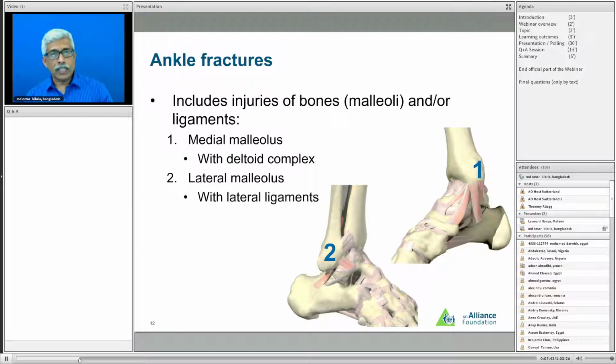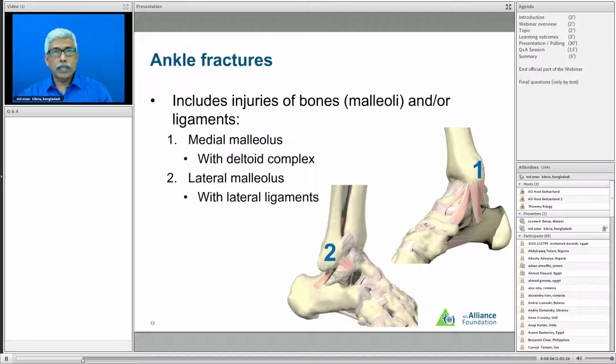So in ankle fracture, you have various variants of injuries, from stability to instability. I wish that after today's talk, you'll be able to identify which ones you can treat conservatively and which ones you can treat operatively. The doctors have named the fractures according to their broken bones, the area of broken bone.